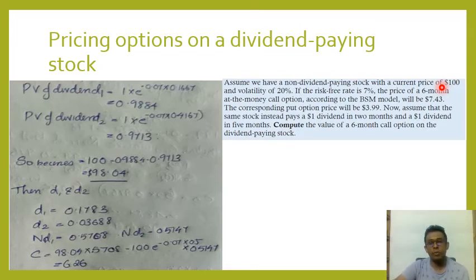It might seem like a backworking of our Black-Scholes model, but the only step that is more than the Black-Scholes model here is finding the present value of dividends 1 and 2, subtracting them, and finding the new S rather than the old S. So this sums up how we price an option given a non-dividend paying stock and dividends.